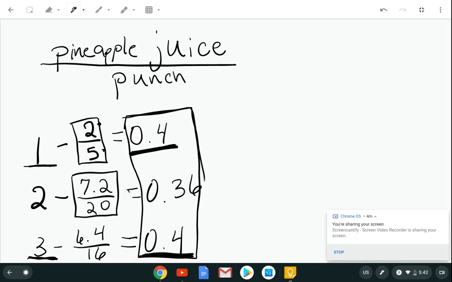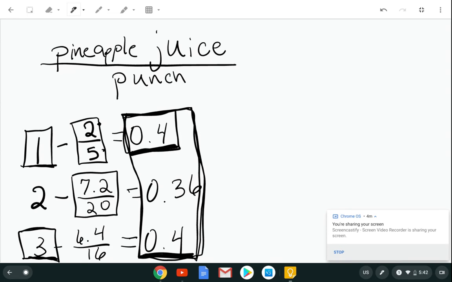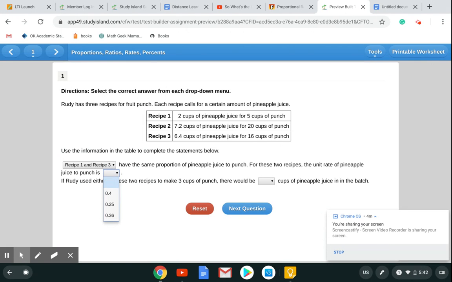And when we divided it and found these decimals right here, that is our unit rates. So for our 2 recipes that were equal, what is our unit rate? It's this 0.4 right here. That's our unit rate. So let's go back and plug that in. For these 2 recipes, the unit rate of pineapple juice to punch is 0.4. Yes.